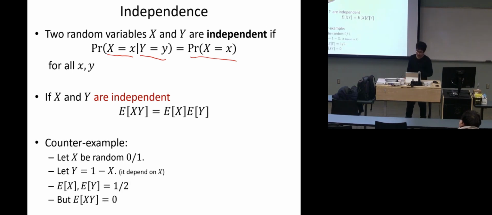Otherwise, for example, if x is a random bit 0 or 1, and you take y to be 1 minus x, a flipped bit of x, then the expectation of x is half, the expectation of y is also half, but the expectation of x times y is always 0, because one of them must always be 0. So this equality is just not true when things are not independent.